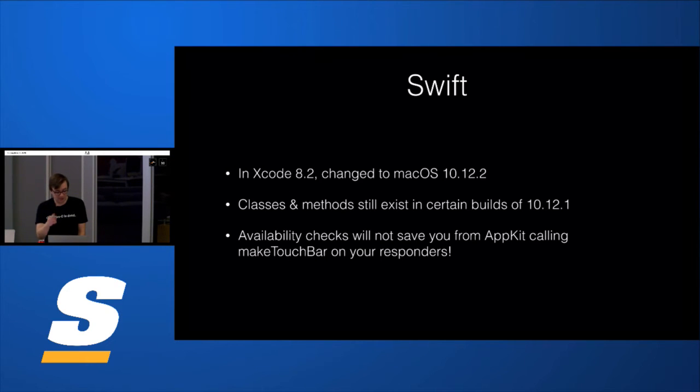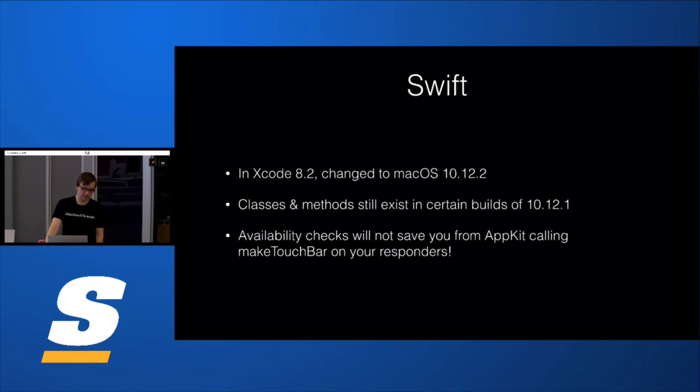But things get a little complicated in Swift because Swift has something called availability checks that will prevent you from calling certain API that are marked as available in a certain build without telling the compiler that you're doing so. So what this is going to do is prevent you from calling APIs that are now declared as being available in 10.12.2.